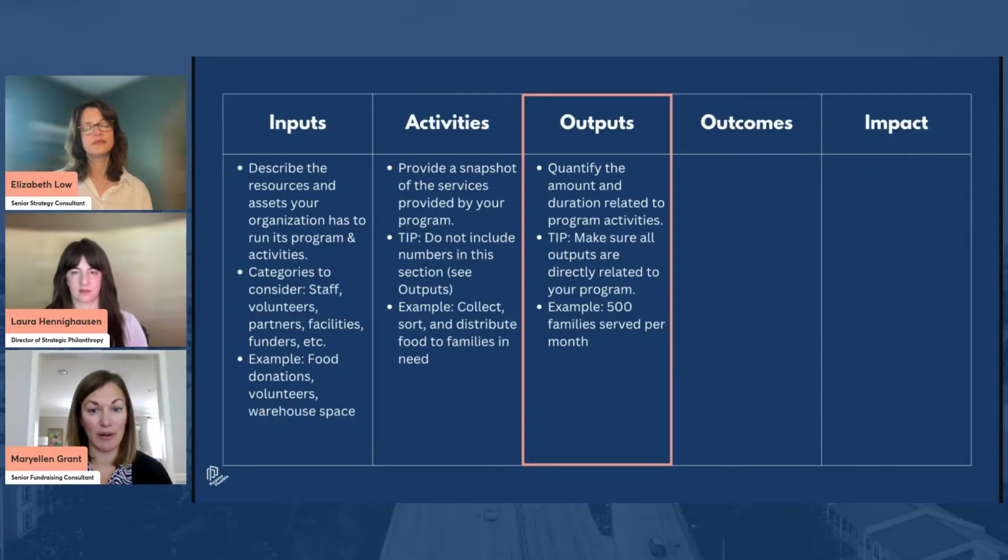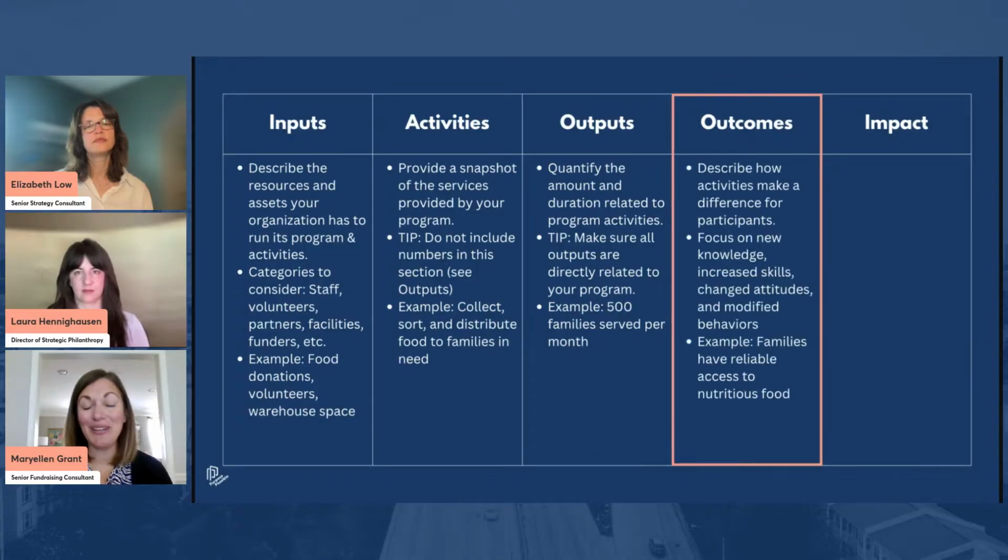This is where you really want to quantify the number and the frequency of program activities. Again, looking at our example, we include the quantities of both amount and duration, answering the key questions for this category, which is how much and how long.